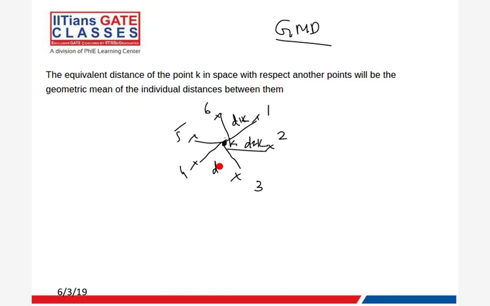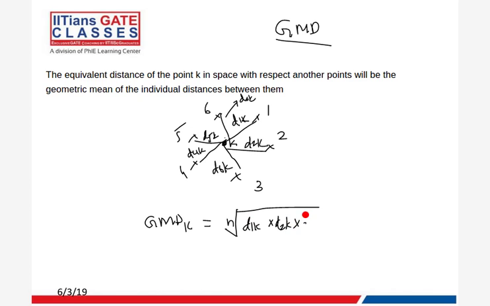This will be D3K. This will be D4K, and this will be D5K. And last but not least, this will be D6K. So GMD, geometrical mean distance for the point K, is given as the nth root of, or here it will be the sixth root of, D1K into D2K into D3K, etcetera, into DnK. This is a mathematical concept. So we are taking the geometric mean, right?